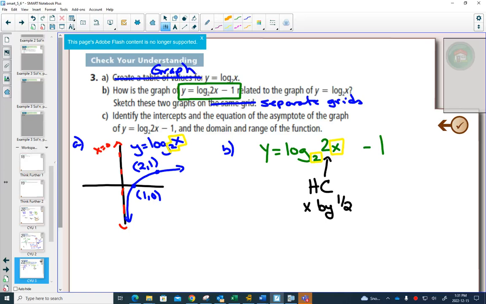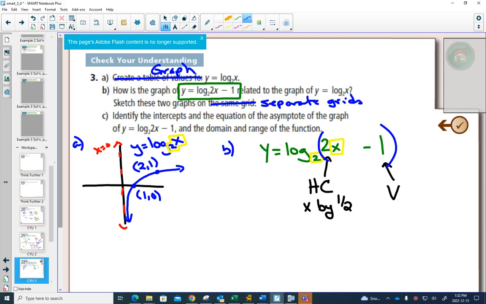And then we have this minus 1. Is it inside the function or outside the function? Is it horizontal or is it vertical? It is vertical. If it was horizontal, they would add brackets here to make sure you knew that it was inside.